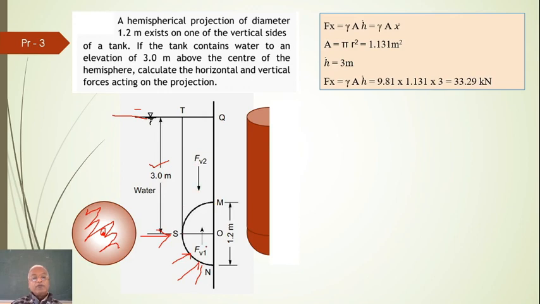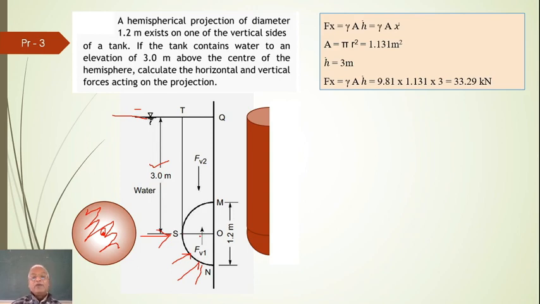Overall, FV1 minus FV2 will be nothing but weight of water in this hemispherical volume acting in an upward direction, because FV1 is more. So FV1 minus FV2 will give you the resultant force Fy, and then Fx and Fy resultant has to be found.